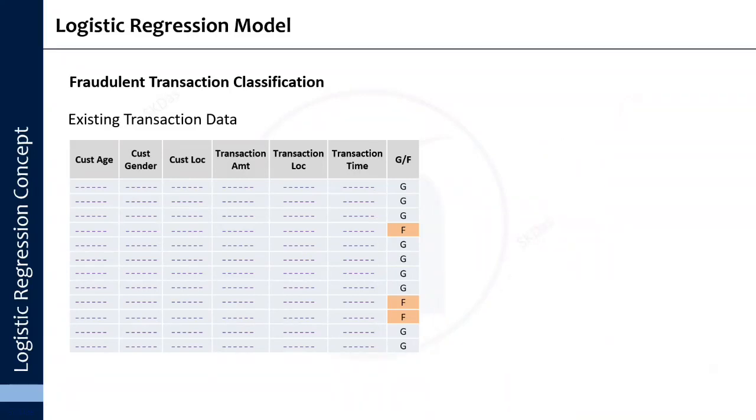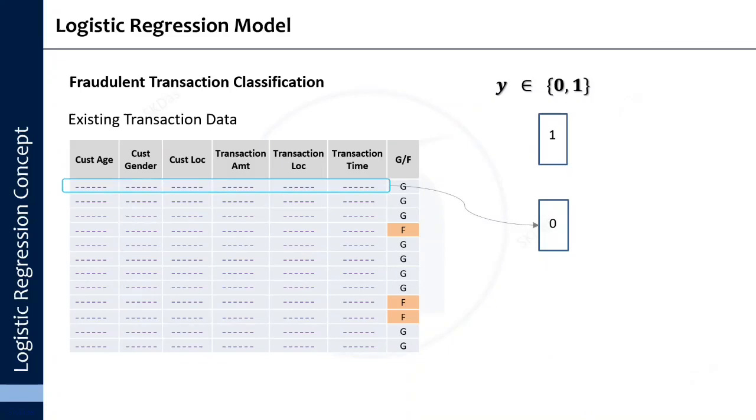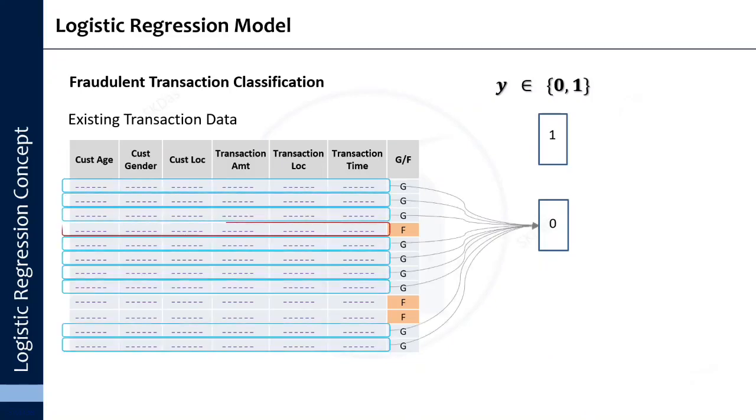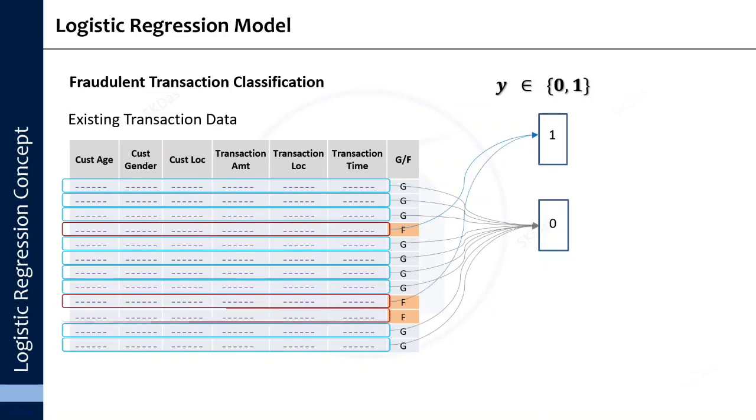Let's see how the model is trained. We take only the training data where the genuine and fraudulent transactions are all marked. See, the G is for genuine transactions, F is for fraudulent transactions. Earlier, we had seen that the result can belong to either 1, that means it's a fraudulent one, or 0, that is a genuine one. Now, during the training of the model, for each example, if it is genuine, it is put in the box 0, or if it is fraudulent, it is put in the box 1.